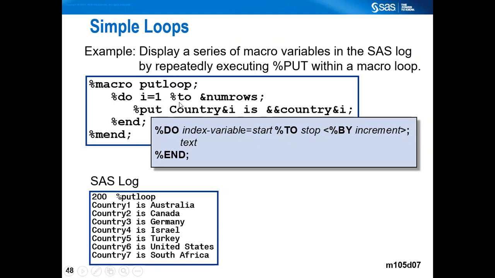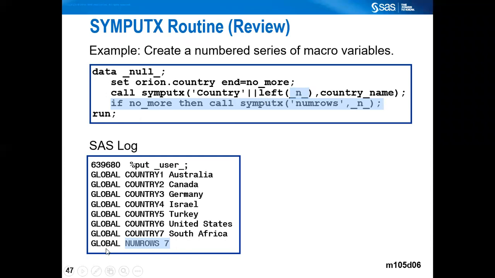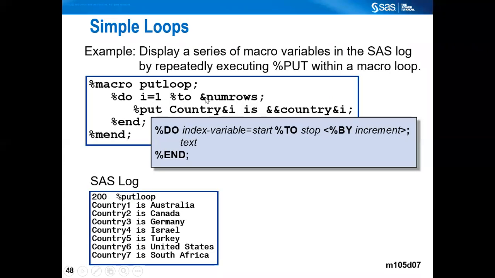So see, it's 1 %to &numrows. So &numrows is this macro variable, which is 7. So you get the start point and the end point of your loop. Correct? So it will execute the %put statement telling country&i. That means when i value is 1, it will represent as country1, which should show you the value as &&country&i.